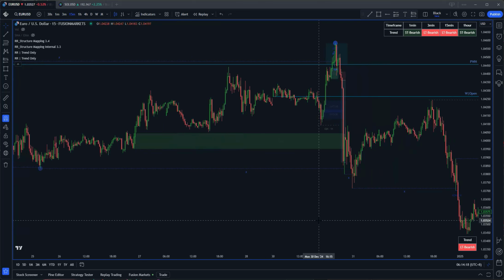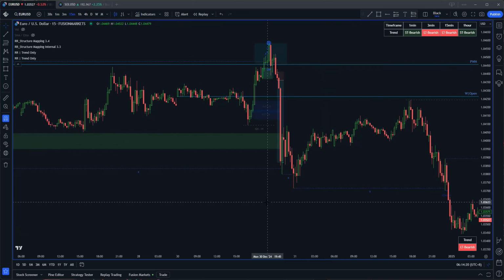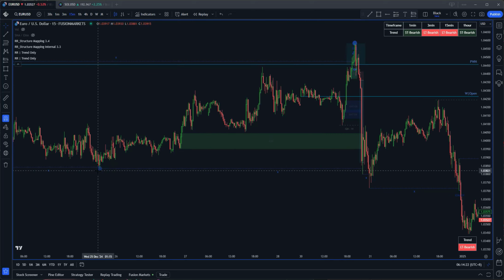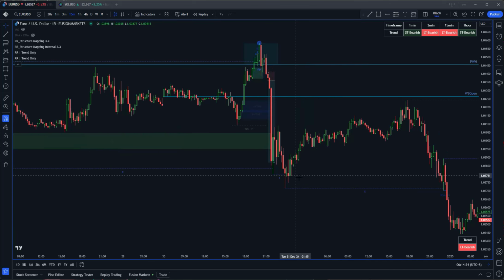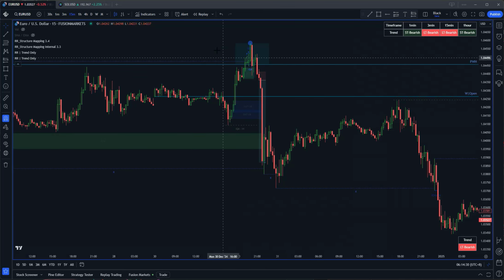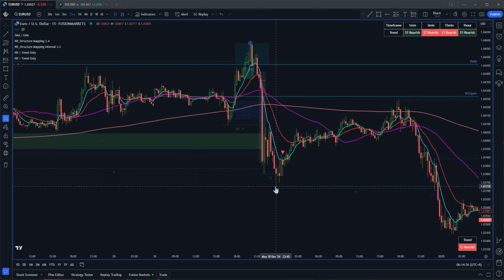Okay, but we still get this level, right? And now from here, on any pullback, we are looking for sell rather than to go here. Why? Because on the moving averages we are longer term bearish.